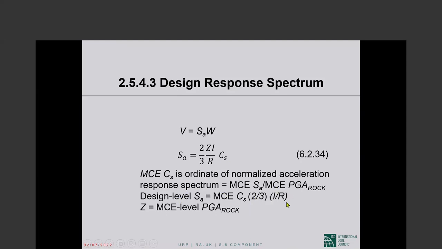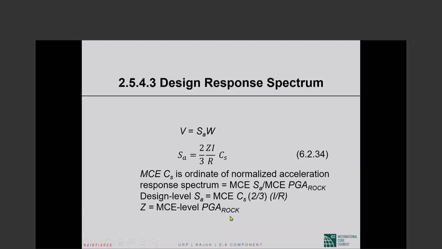And as in AC7, we divide by R. We lower the spectrum by R and we raise it by I. So design level spectral acceleration is the MCE level C sub S that we have been dealing with so far, multiplied by 2/3 to bring it down to design level, and then modified by R and I. The Z, as I said earlier, is MCE level PGA on rock.